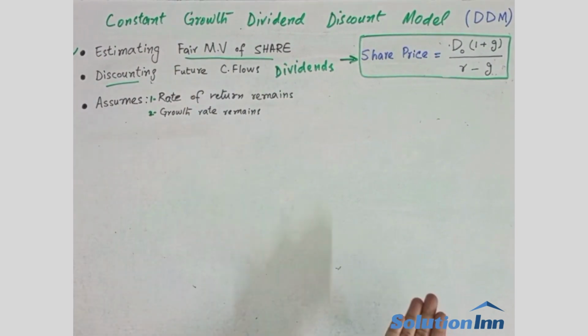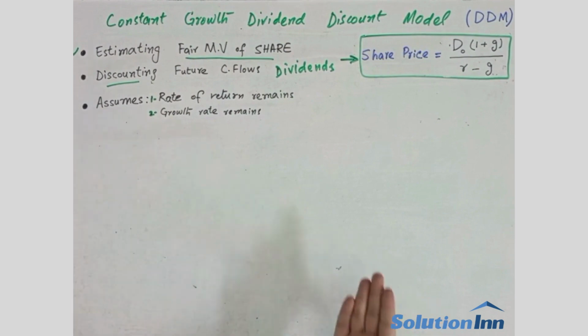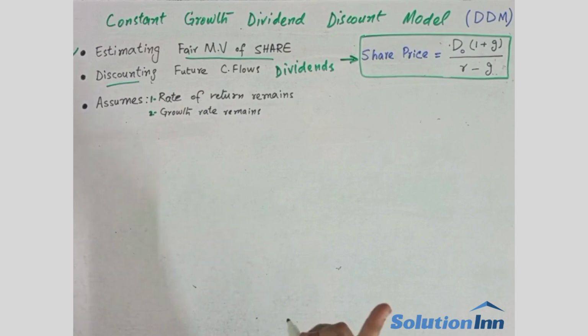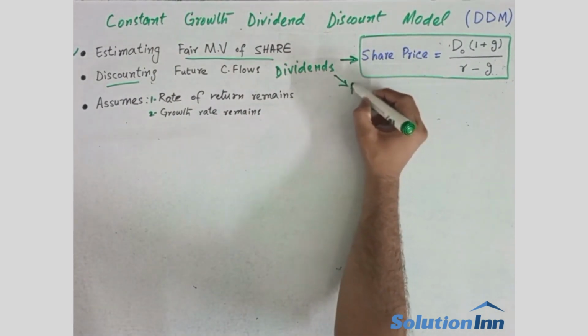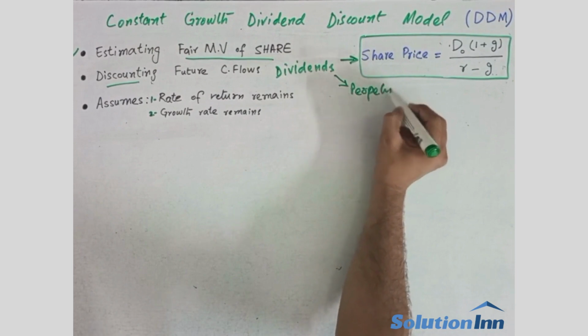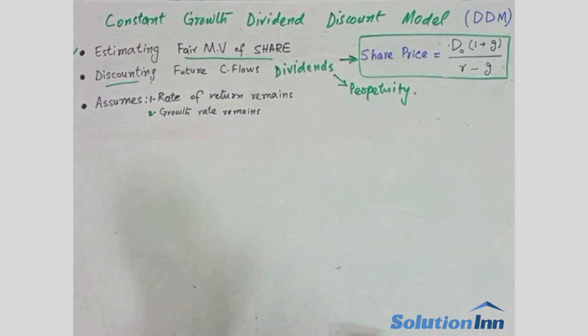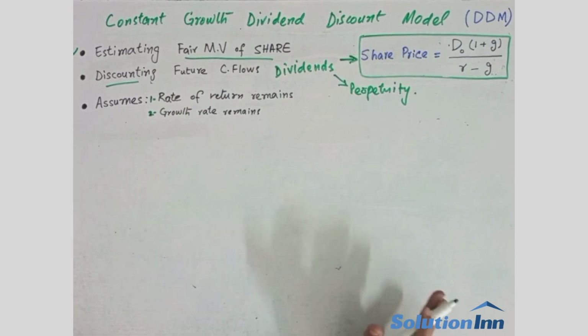Now, the model assumes a number of factors. The first important thing is that dividends are expected to continue in perpetuity. This means dividends are going to come throughout the life, with no end date to the dividend cash flow stream.